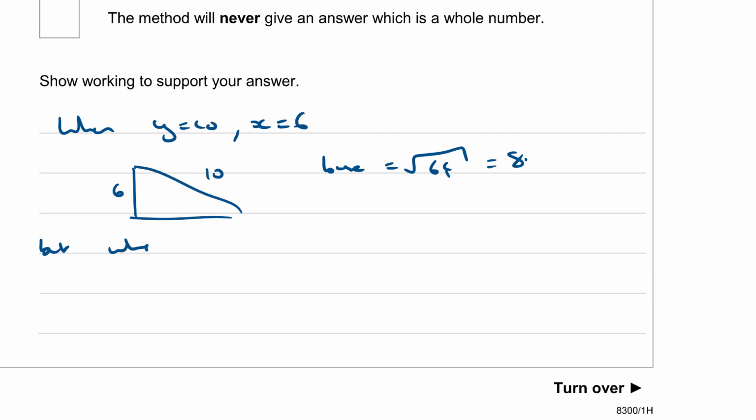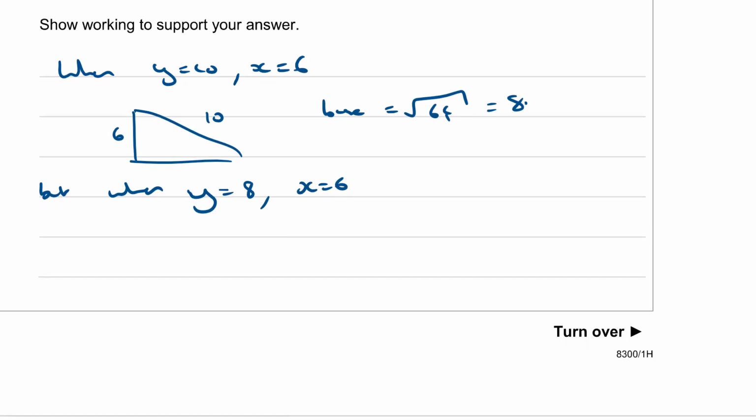But then we just change one of the values, I suppose. So let's change y to 8 and leave x equal to 6.